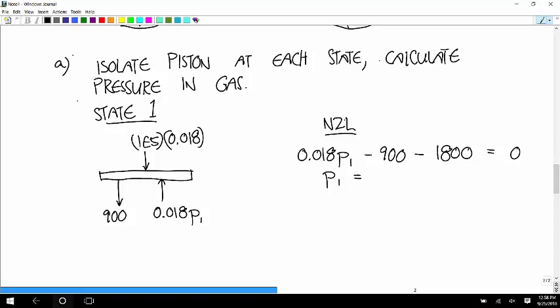So P is equal to 1 times 10 to the 5th plus 900 divided by 0.018, which is 50,000. So that's 1.5 times 10 to the 5.